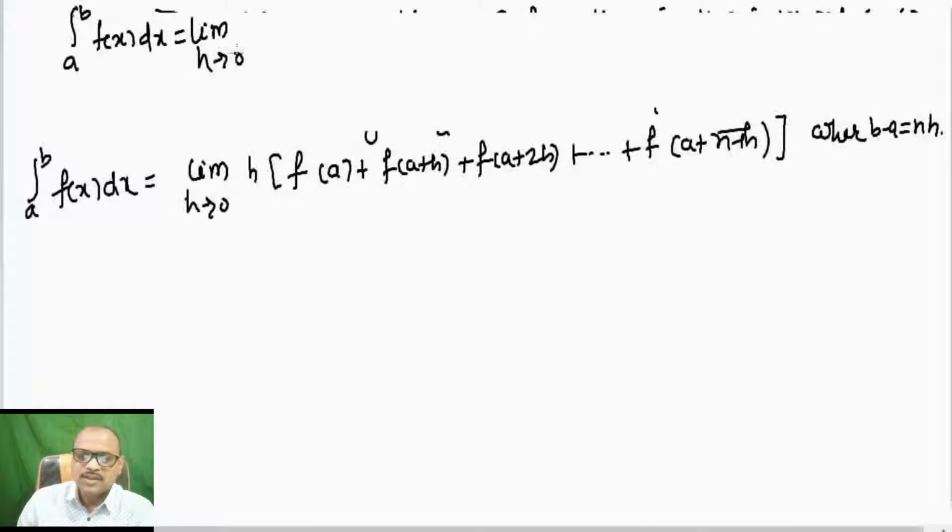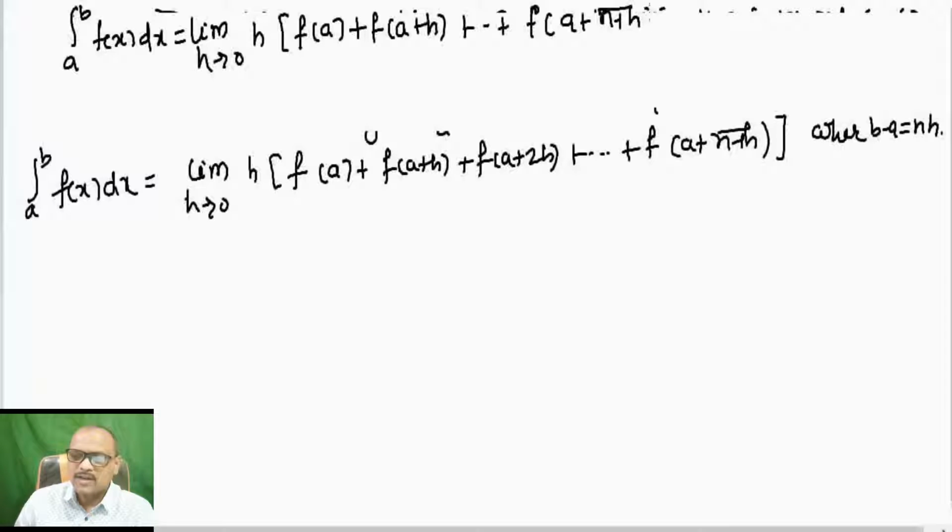Limit h tends to 0 h into f of a plus f of a plus h plus ... up to f of a plus n minus 1 into h. And what is h? b minus a equal to n into h.